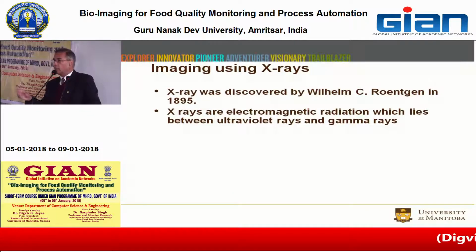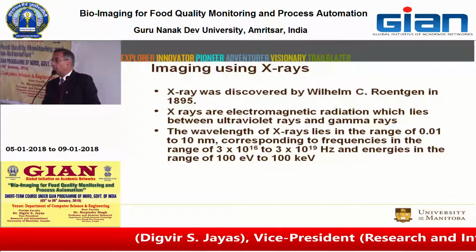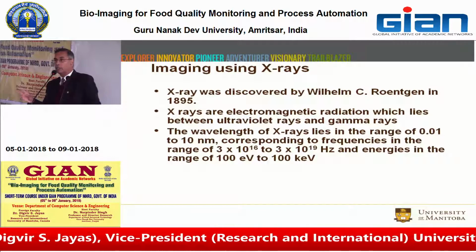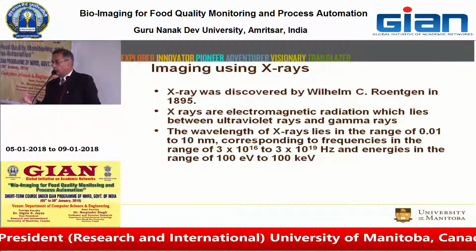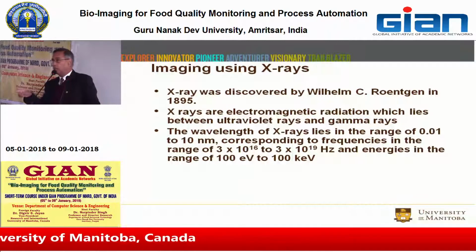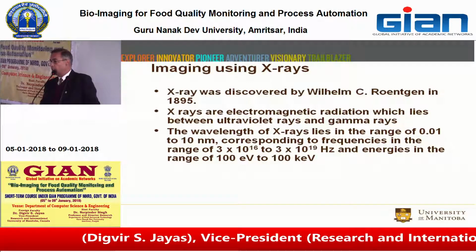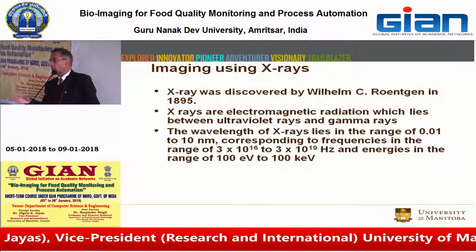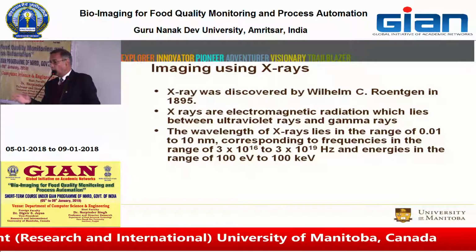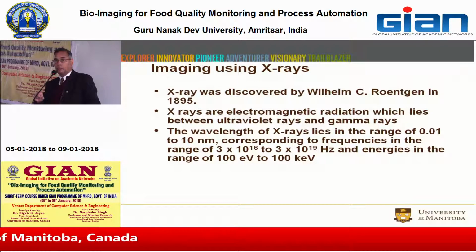whether you use X-rays or a camera. X-rays were invented by Roentgen, and sometimes they are also referred to as Roentgen rays, although X-rays are easier to say, so nobody probably calls them Roentgen rays. They were invented in 1895. They are electromagnetic radiation, as I showed you in the electromagnetic spectrum, between ultraviolet and gamma rays. The wavelength of X-rays lies in the range of 0.01 to 10 nanometers.